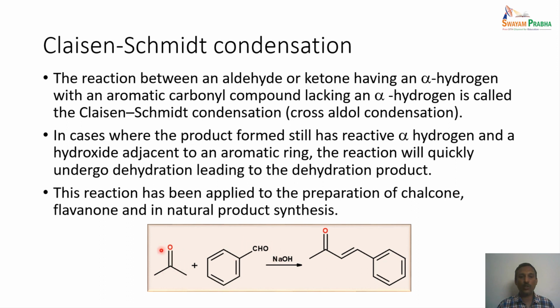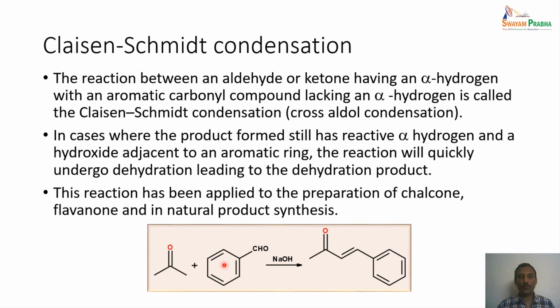One of the carbonyl units can be a ketone or aldehyde. Here we have an alpha hydrogen, and in another carbonyl unit here we don't have an alpha hydrogen. So the presence of alpha hydrogen on one carbonyl compound and absence of alpha hydrogen on another carbonyl compound is crucial for the Claisen Schmidt condensation.